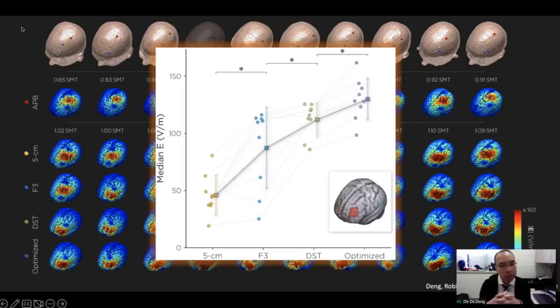That is the computationally optimized coil location based on maximizing the electric field over your region of interest. And you can see that in all of the individuals, there is a substantial increase in the electric field. So the electric field modeling technique can be used to maximize the dose in the brain.